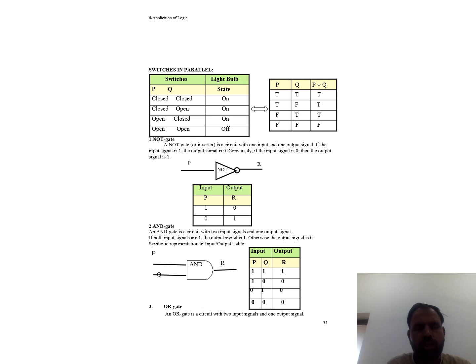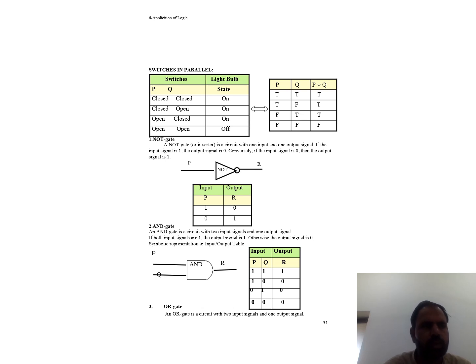The symbolic representation is shown in this figure. This is P, this is Q, the AND gate. The result goes to R. If P and Q both are 1, then R will be 1. If one of them is 0, then it's 0. If both are 0, then it's 0.